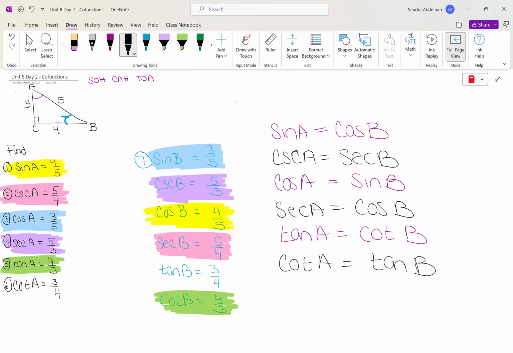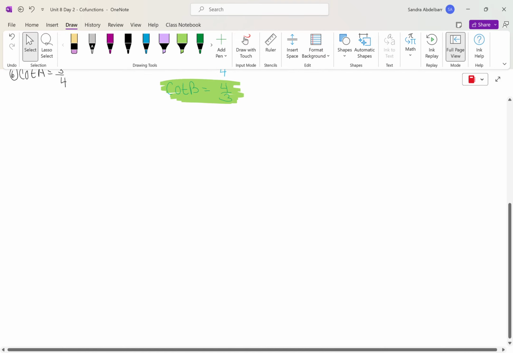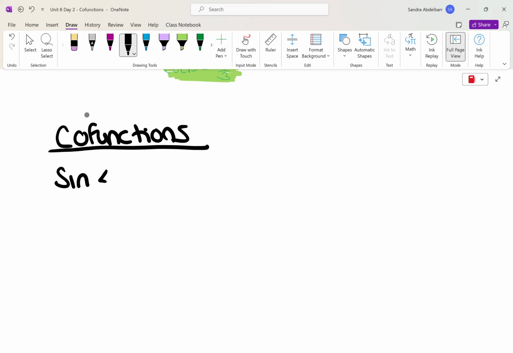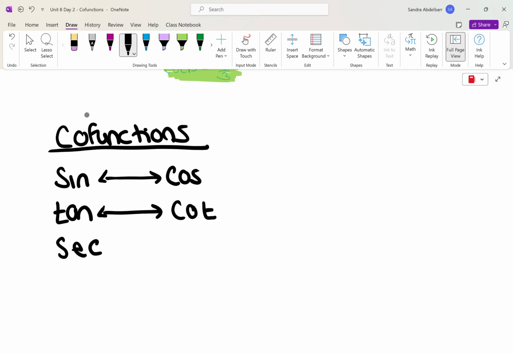Tangent and cotangent are cofunctions. Secant and cosecant are cofunctions.